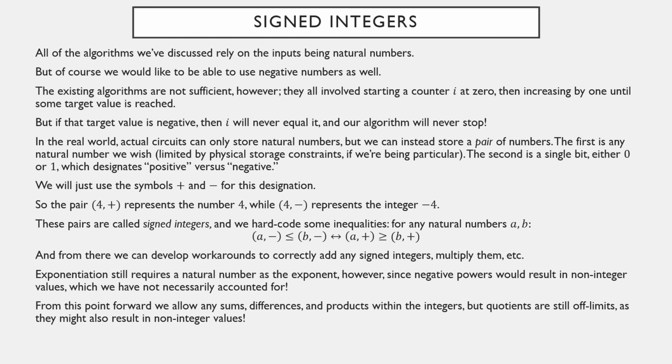Quotients are still off limits because we do want to distinguish when numbers are whole numbers versus not. And I don't want to work with things like 2 over 5 yet. 10 over 5 would be fine because that's actually a whole number. But because of that distinction, we don't want to work with quotients and division. But addition, subtraction, multiplication of any integers are all totally going to be fine, and we're going to work with that pretty freely from this point forward.